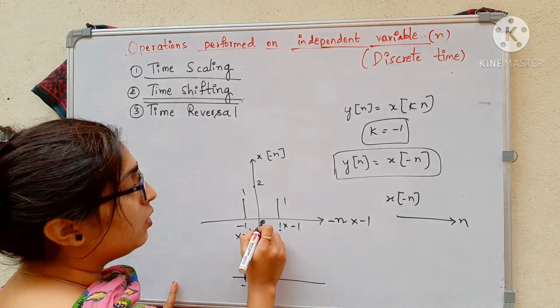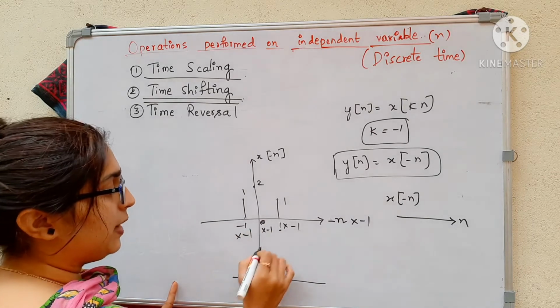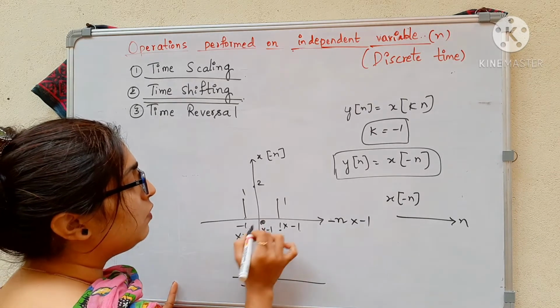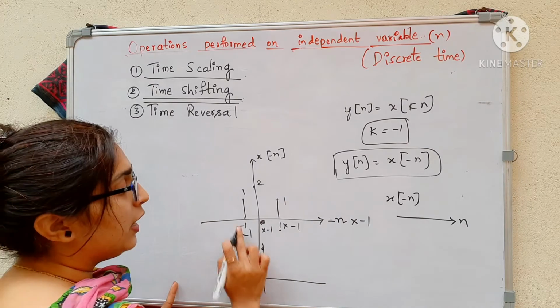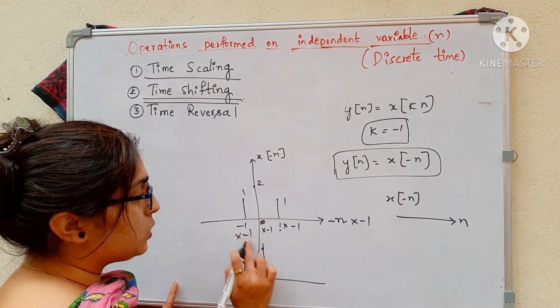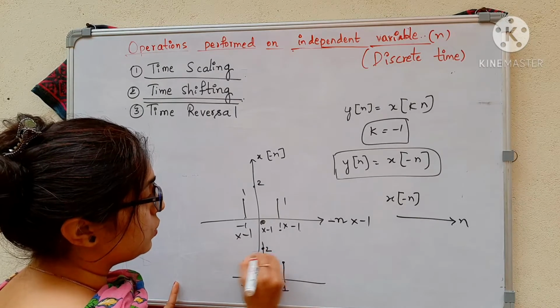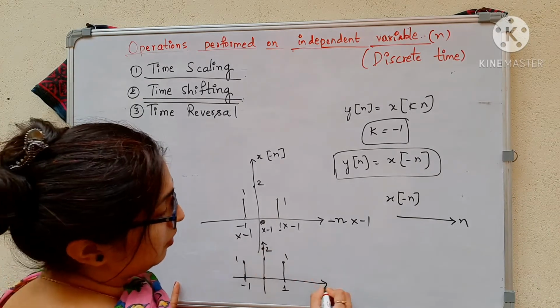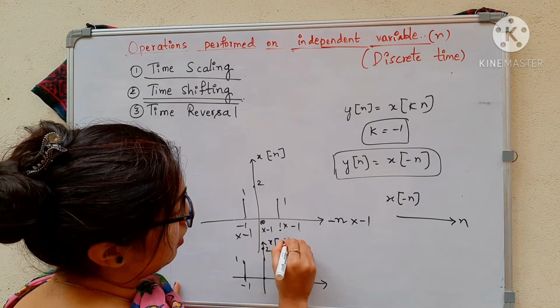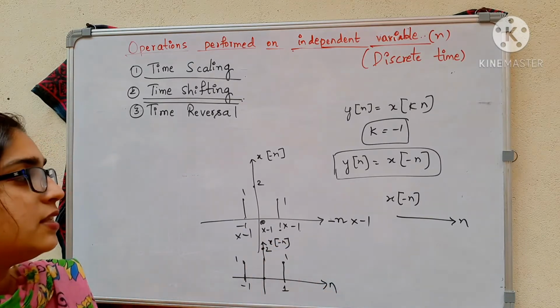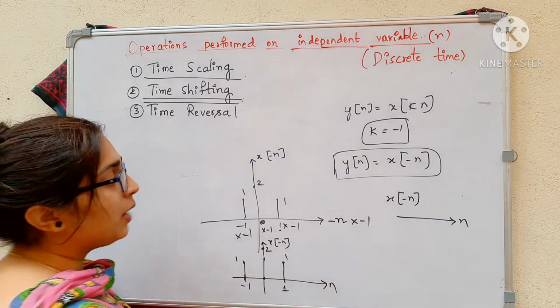Whatever the value is at 0, it will be at 0 itself. Whatever the value is at minus 1, it will now be at minus 1 into minus 1, that is at 1. This is 2, this is 1 and this is 1. This is x of minus n. So this is your time reversal.